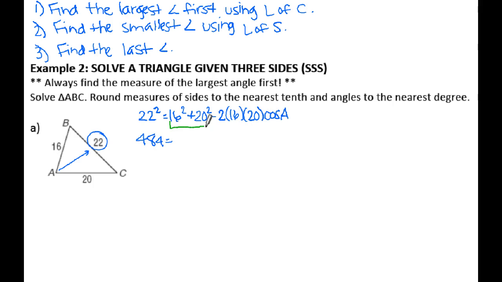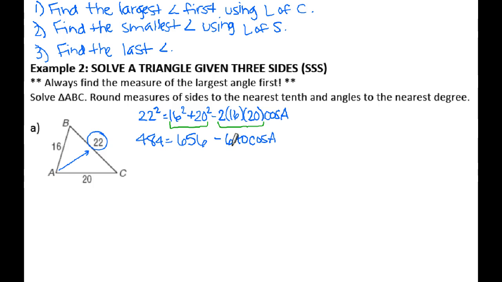These two I can combine, and those I can multiply. So 16 squared plus 20 squared is 656 minus 640 cosine of angle A.